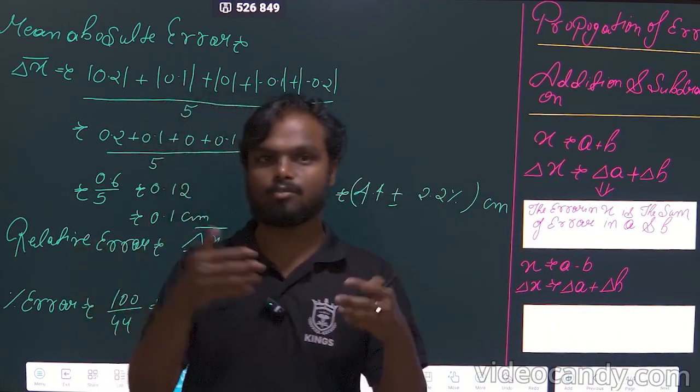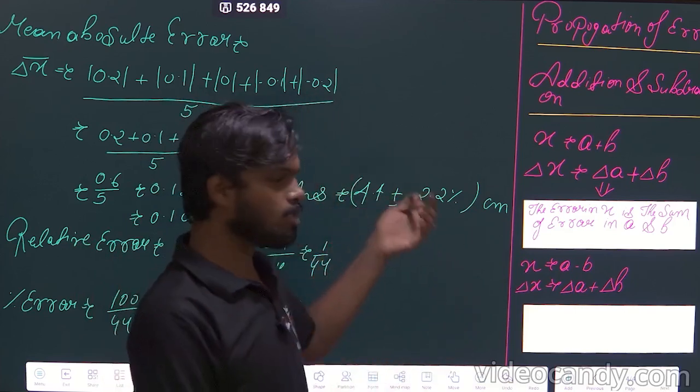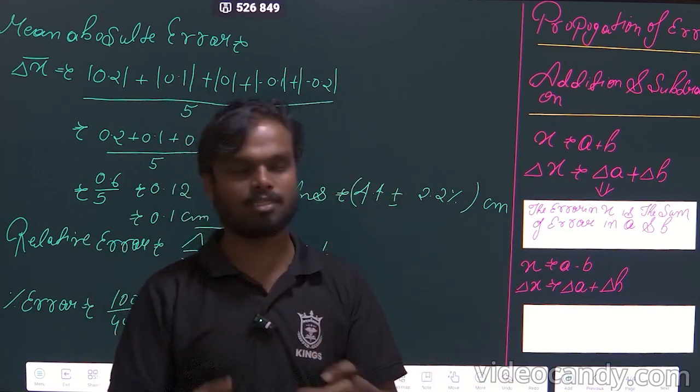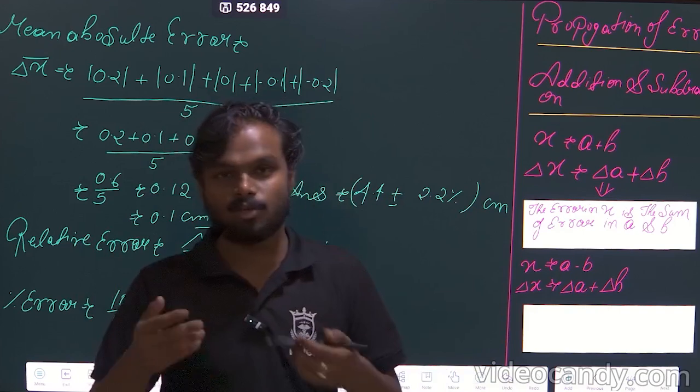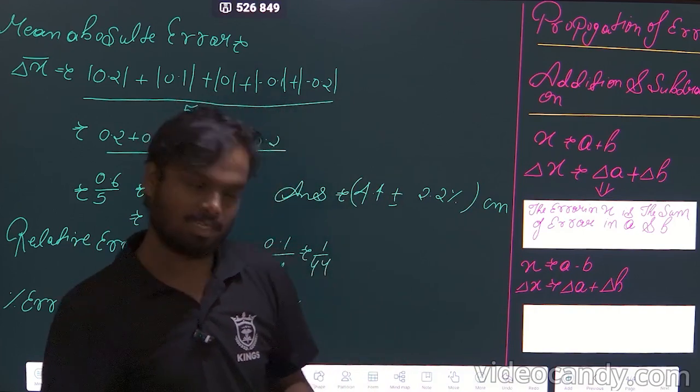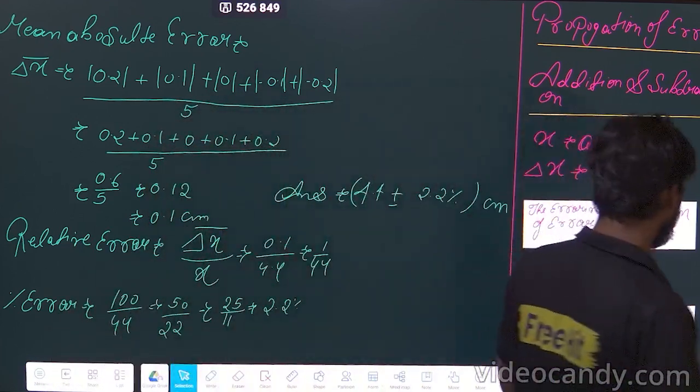If you are adding two quantities, that means error is going to increase, and if you are subtracting two quantities, then also the error is going to increase. Why? Because you are doing some measurement only. So error is going to increase only, it will not decrease.